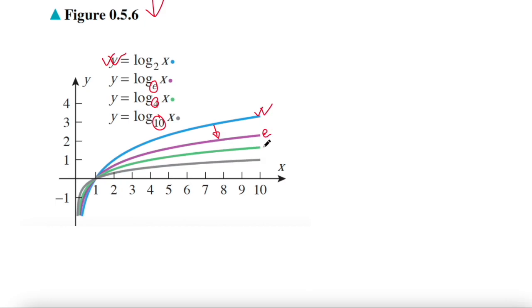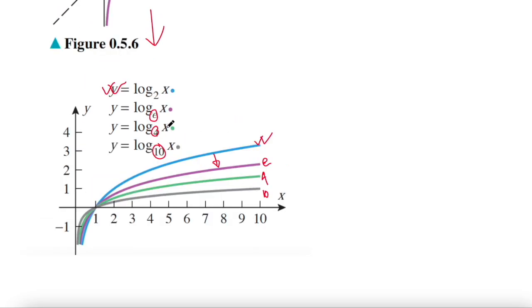This one is a logarithmic function having base e, this one having base 4, and this one having base 10. So you can also consider these types of scenario when you are sketching a logarithmic function.